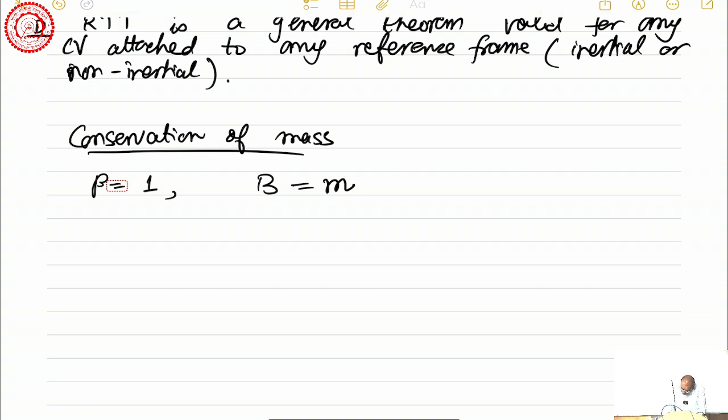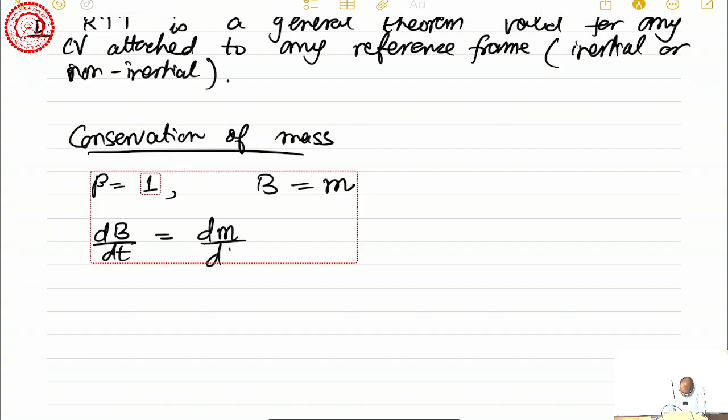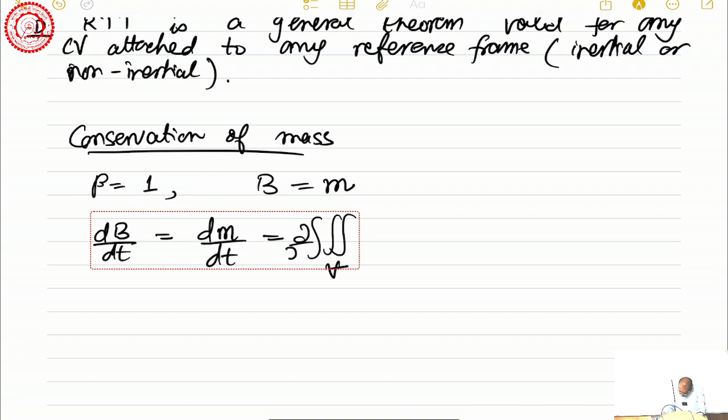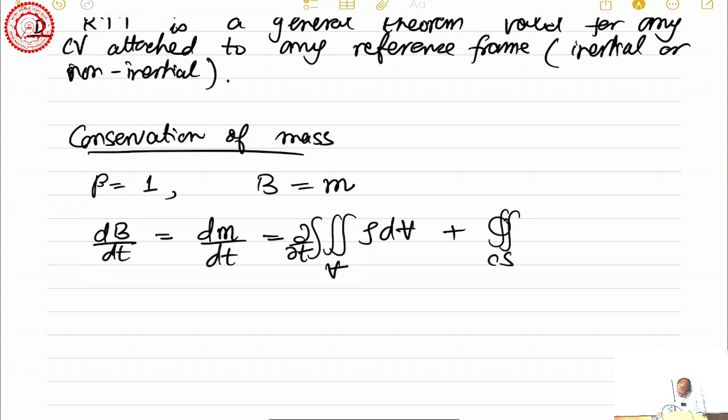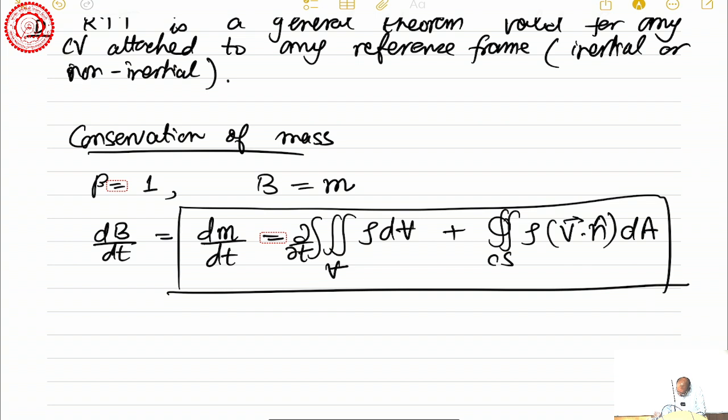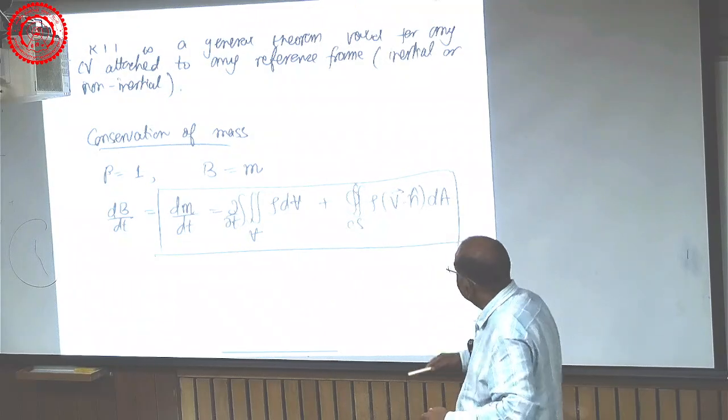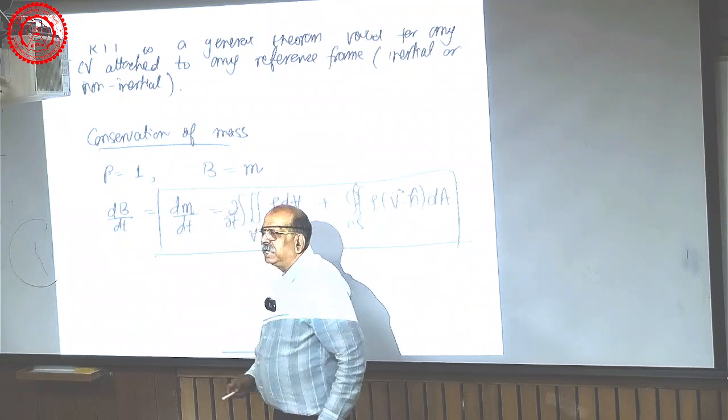Now, this you can think of as the Reynolds transport theorem applied for mass. Now, what is dm by dt?